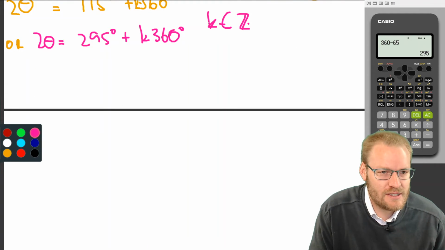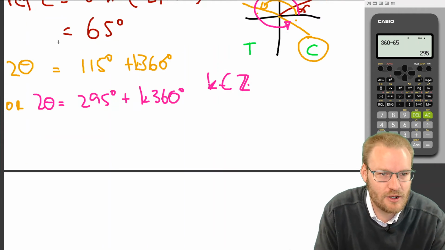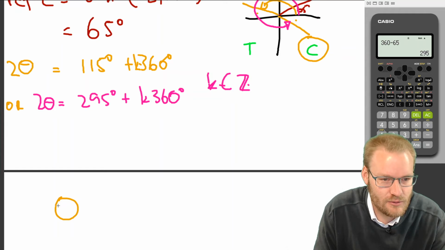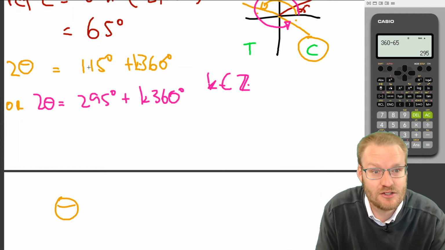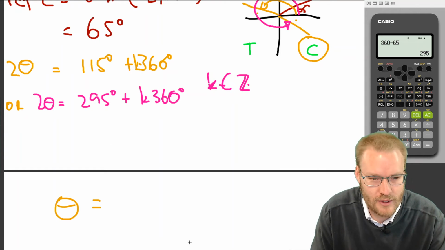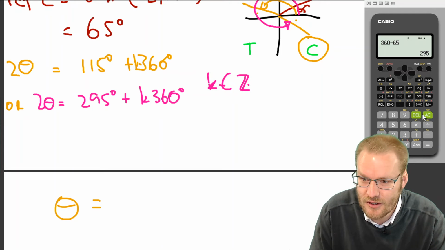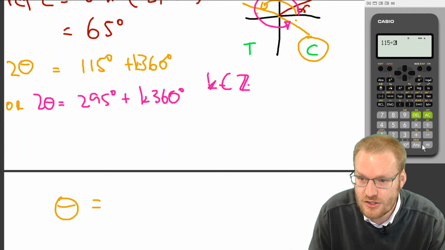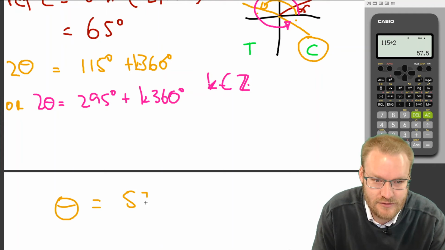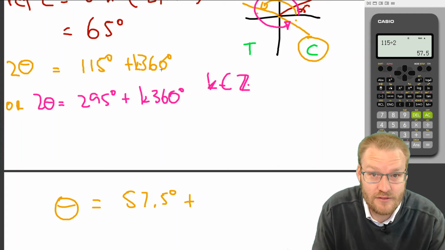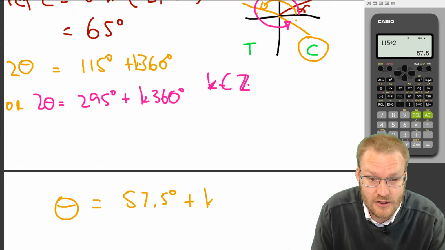We've got 2 theta equals this, but we want theta. So we need to divide the whole side by 2. So 115 divided by 2, 57.5 degrees, plus we also need to divide this by 2, so k times 180 now.